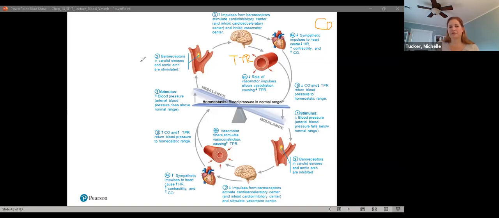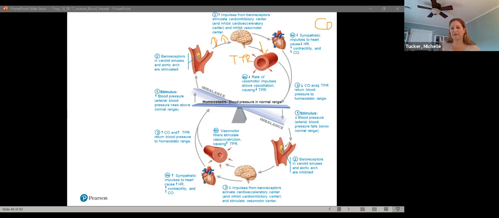So when these baroreceptors get stimulated and signal the brain, it decreases firing through the vasomotor, and it also decreases the input to the heart, causing a decrease in heart rate, a decrease in contractility, and therefore a decrease in cardiac output. So baroreceptors can affect both total peripheral resistance and cardiac output, and it's kind of a double booster to decreasing blood pressure.